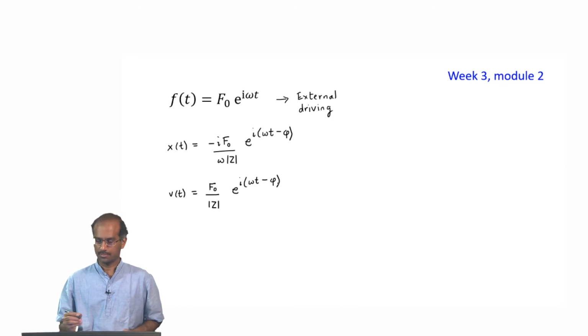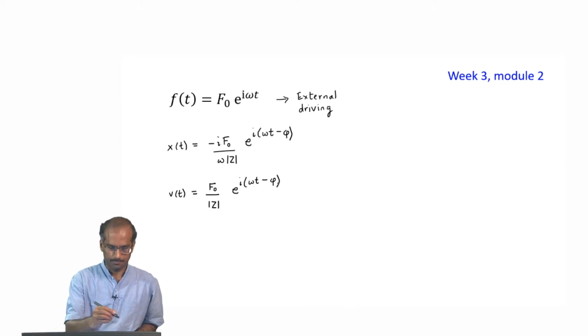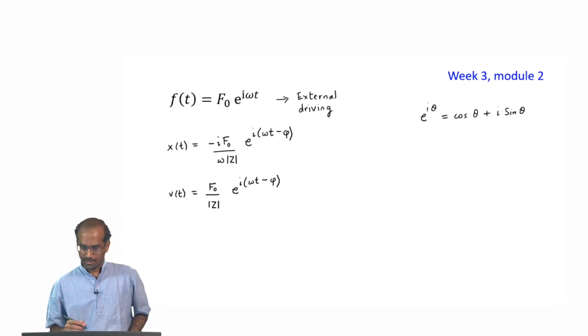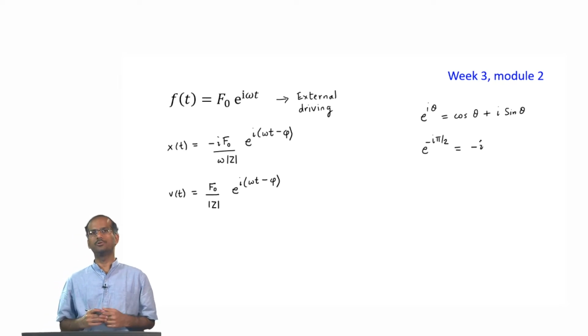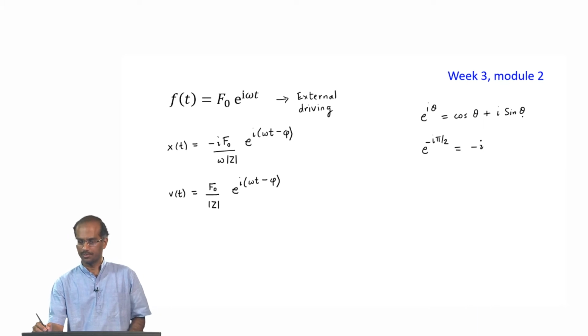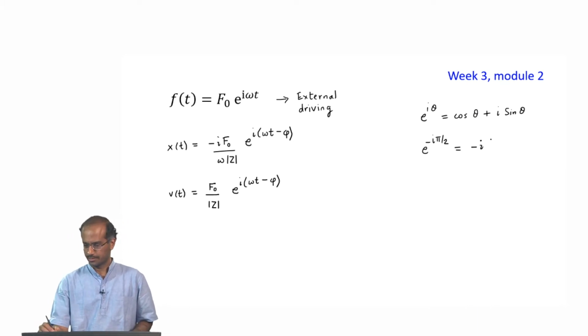Again, from the fact that e power i theta is equal to cos theta plus i sin theta, if I need minus i, it will have to be e power minus i pi by 2, which will be equal to minus i. So, all you need to do is to substitute theta by minus pi by 2, and you will get this result.